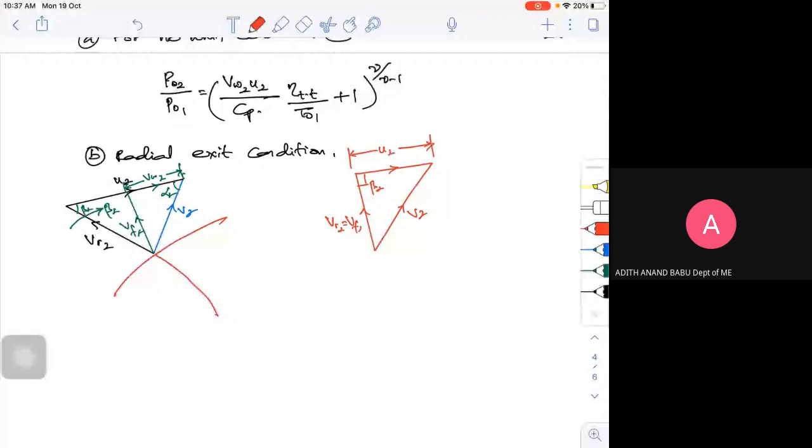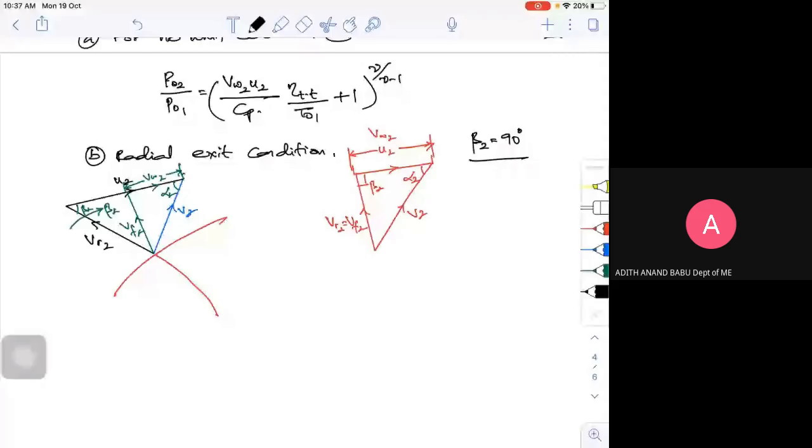This is my alpha 2. So your U2 and VW2 both are the same. So this is one of the conditions where we have a radial exit condition. That means my beta 2, that is the blade angle at exit, is 90 degrees. So we call that a radial exit condition.